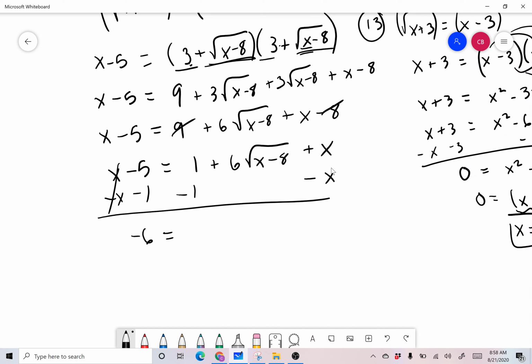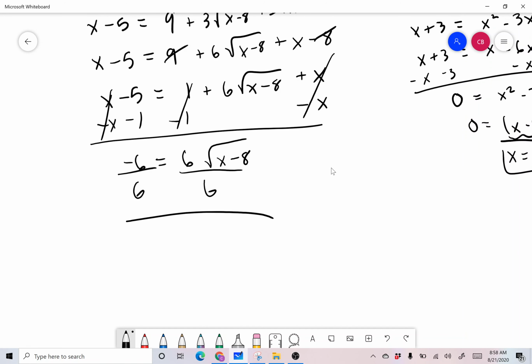This is negative 6. 0 plus 6 square root x minus 8. Okay, divide by 6, and we get negative 1 is equal to the square root of x minus 8.